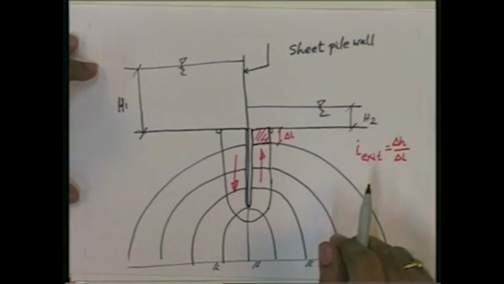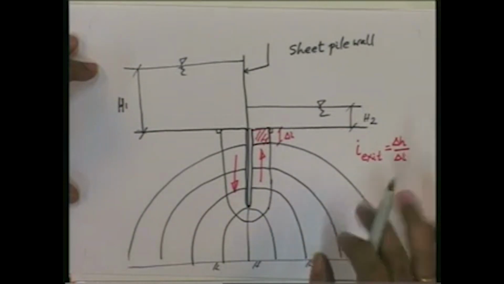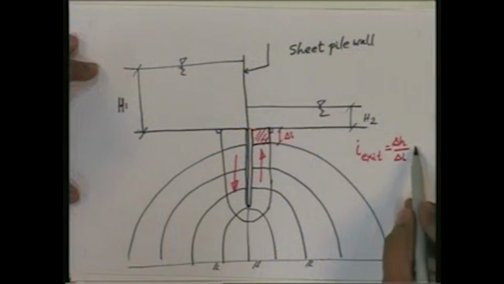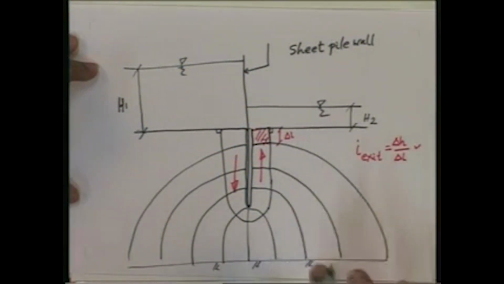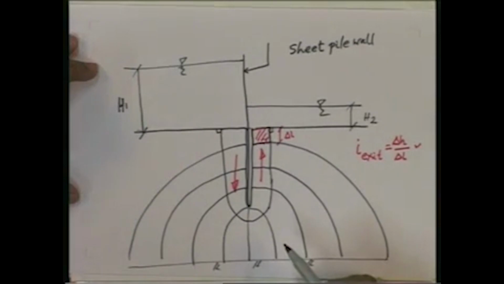Then we also discussed the critical hydraulic gradient, while discussing the flow of water through soils, when the head reaches the critical head over the length of that flow. It can be related as (GS minus 1) by (1 plus e), which equals gamma dash by gamma W. So, I exit is delta H by delta L, and then the critical gradient. By using these two, we will try to get a factor of safety against this piping or heaving failure.